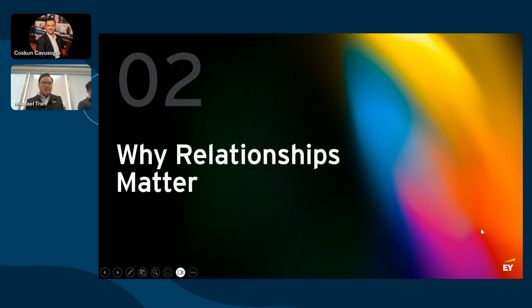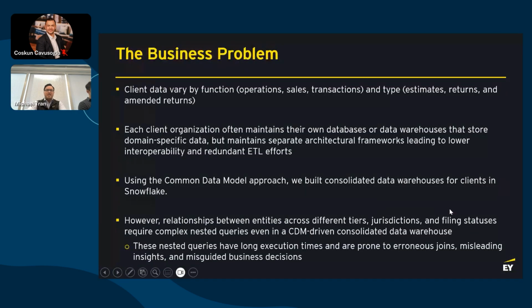All right, let's jump in. Why do relationships matter for business? One of the interesting things about being in tax is that we utilize all kinds of data across the entire organization.